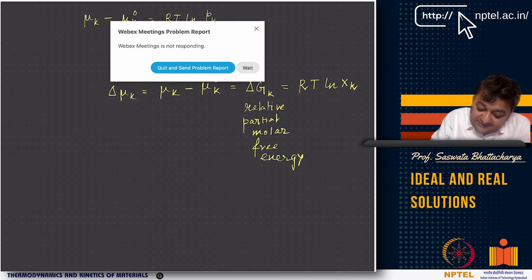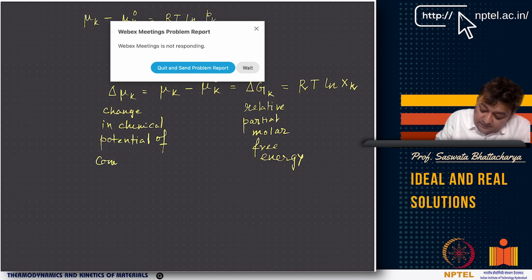Now Pk is xkP. So delta mu K, which is mu K minus mu K0, is equal to delta Gk bar, the relative partial molar free energy, or the relative change in chemical potential of component K due to mixing.